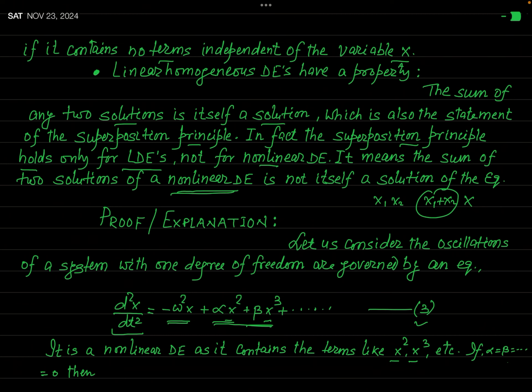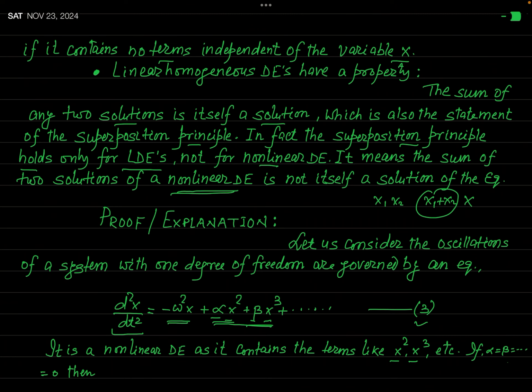But if you look at this equation carefully, you can say that this non-linear equation will become a linear differential equation, but only when both alpha and beta and other terms, if present, are equal to 0.